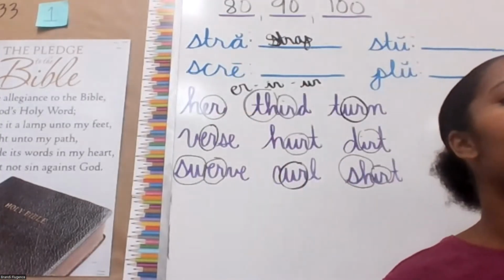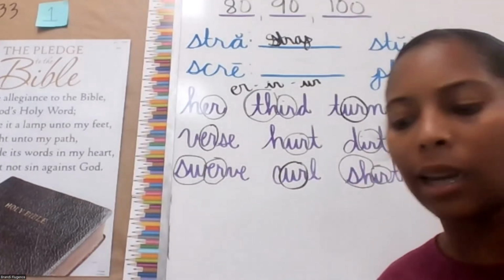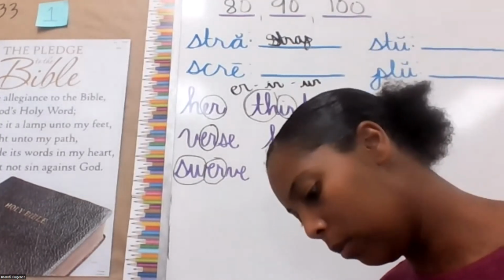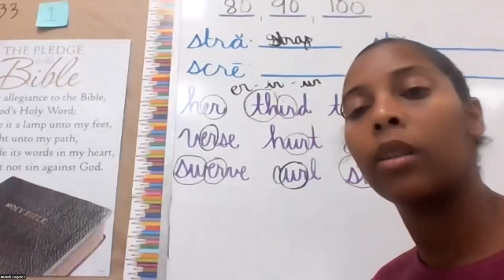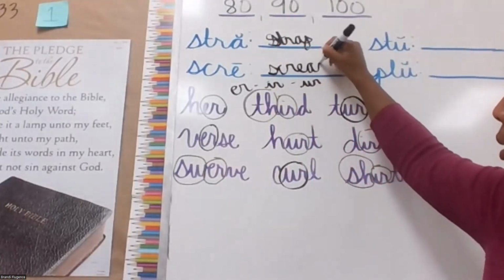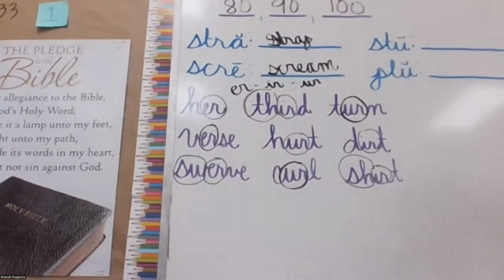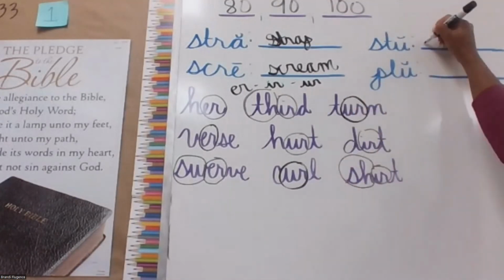Next, scree. What's the word I can create with scree? Asa? Ice cream. Scream. Stuck.